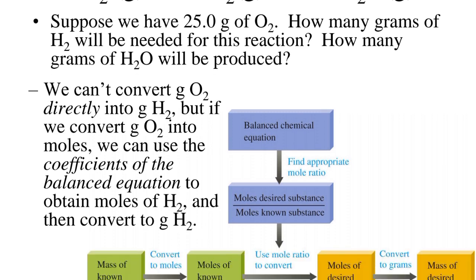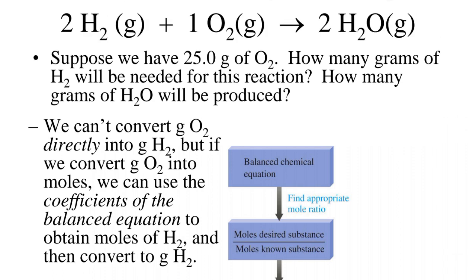We can't convert mass of oxygen directly into hydrogen gas. So it means that it is difficult to change this mass of oxygen directly to hydrogen gas mass. So the grams of this side you can't change directly to grams of hydrogen.